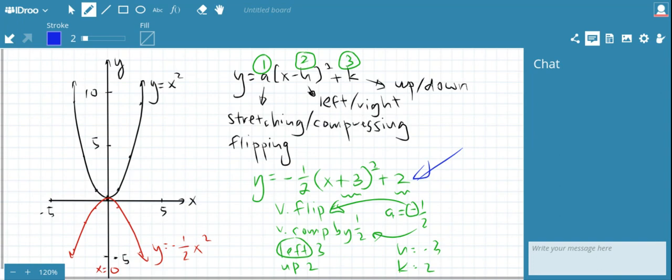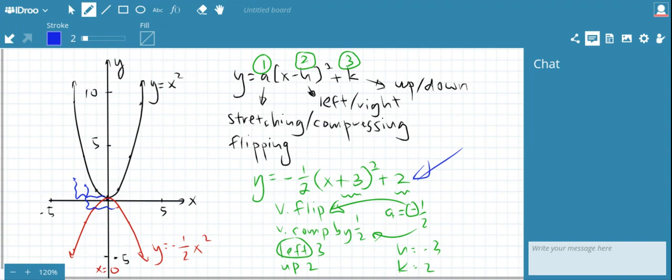So this 1, 0, 0, 0 is going to move left 3, 1, 2, 3, and up 2, 1, 2, to there. Oops, sorry, I went the wrong way. I should go left 3, 1, 2, 3, and up 2, 1, 2.